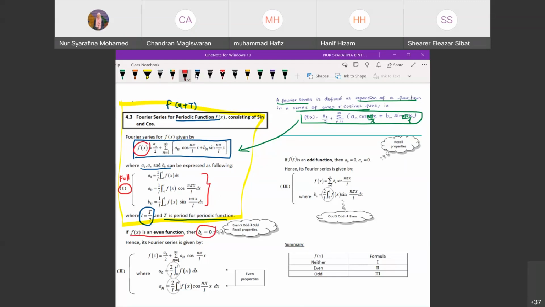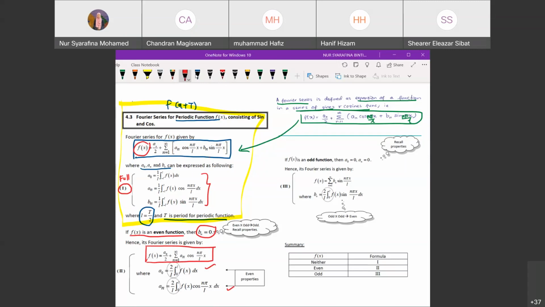So when f(x) is even, this bn equals 0. So no need to find bn, just find a0 and an. As you can see in the Fourier series expansion, there is no bn here, only a0 and an.